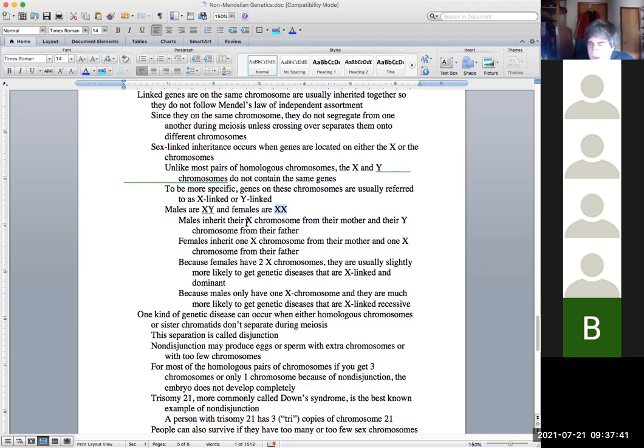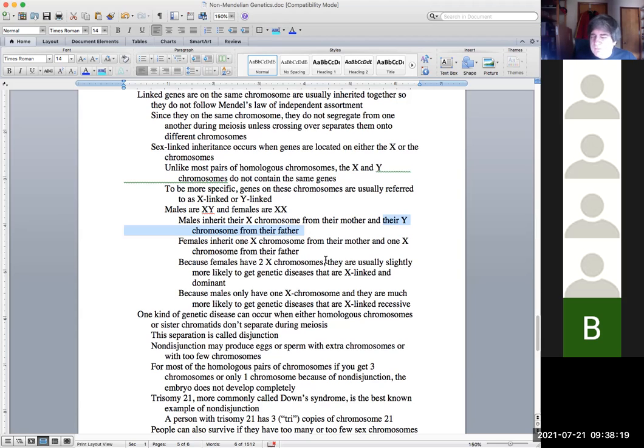Now, if we think about the difference, men have to get their X chromosome from their mother because they have to inherit the Y from their father. So notice one of the things this means is if we look at a male and he has a disease that's X-linked, which means it's on the X chromosome, and my dad has it, I won't inherit it because it will be on my father's X chromosome and I'm going to inherit his Y chromosome.